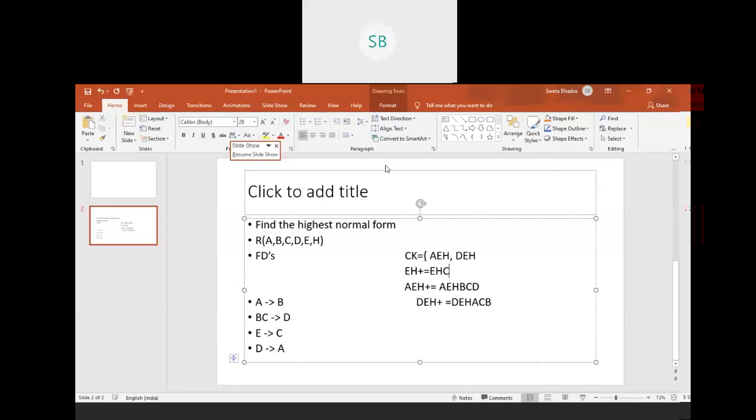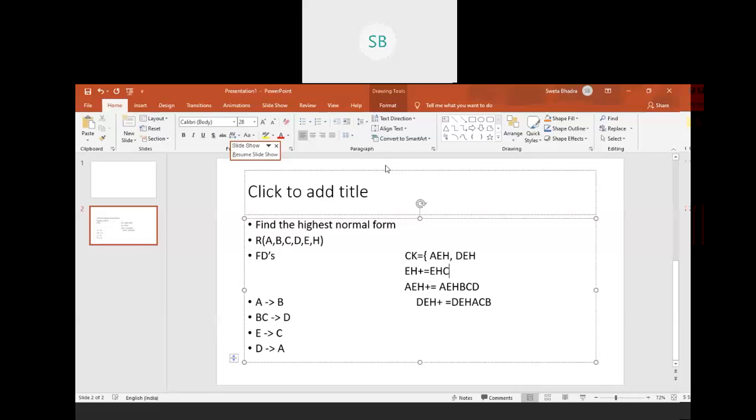Then you have to find the prime attributes. I hope it is clear now that whatever attributes make up the candidate keys are the prime attributes, right? And the attributes that do not participate in making a candidate key are the non-prime attributes.